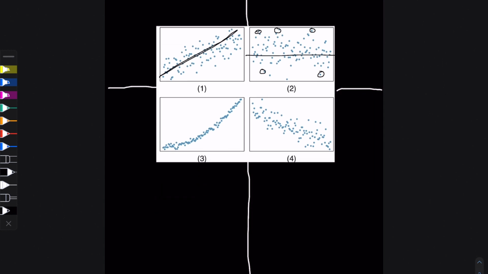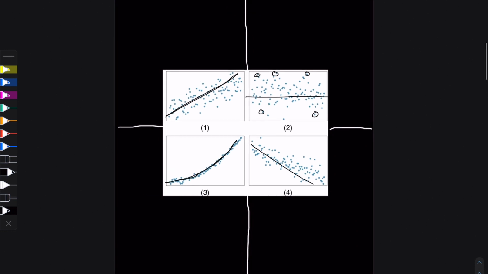This next one, if you'll remember the graph that I showed you earlier, is a curved line here. And so that means that they do not show linear correlation, so this would be nonlinear. And then this last one would be down, sort of like that, so negative correlation, but this one's also linear.